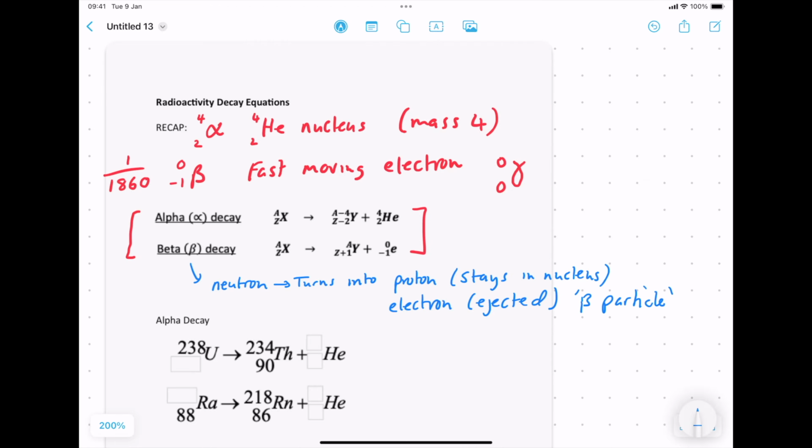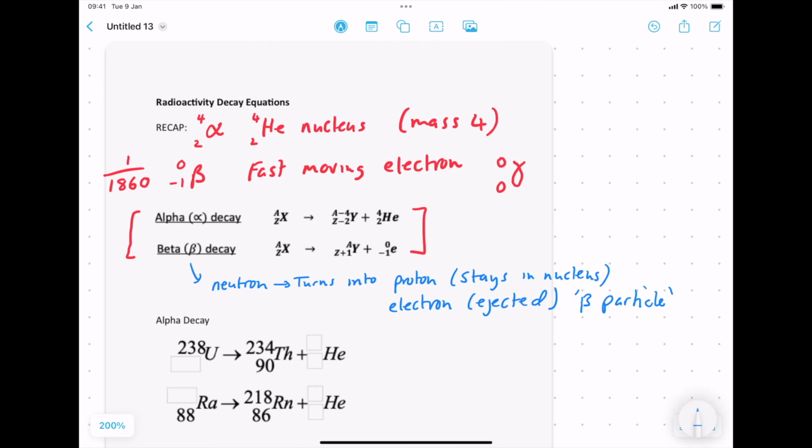Or another way of thinking about it is to remember that a proton has a relative mass of 1 and a neutron has a relative mass of 1. Okay, so the same relative mass. So if a proton is being made, it's gone from 53 to 54, and that's because a neutron has turned into a proton. The way to think about it is that the neutron number goes down by 1, but then the proton number goes up by 1. So overall, this top number remains unchanged.